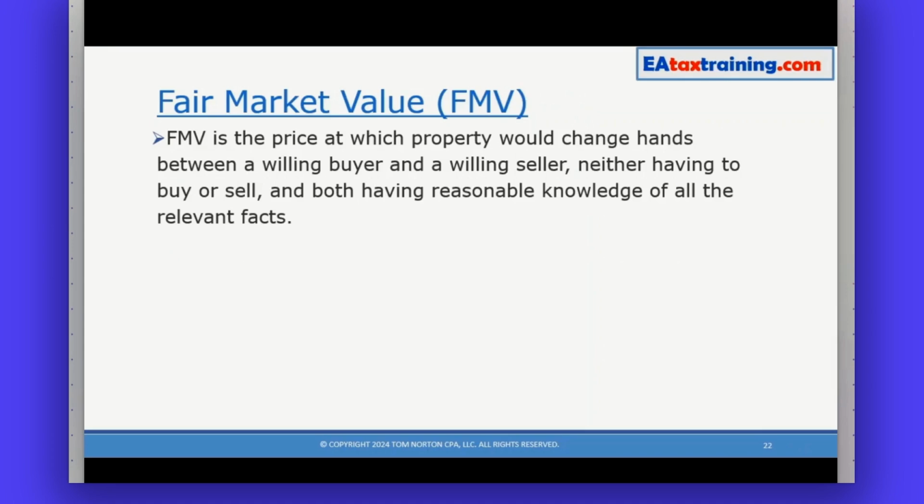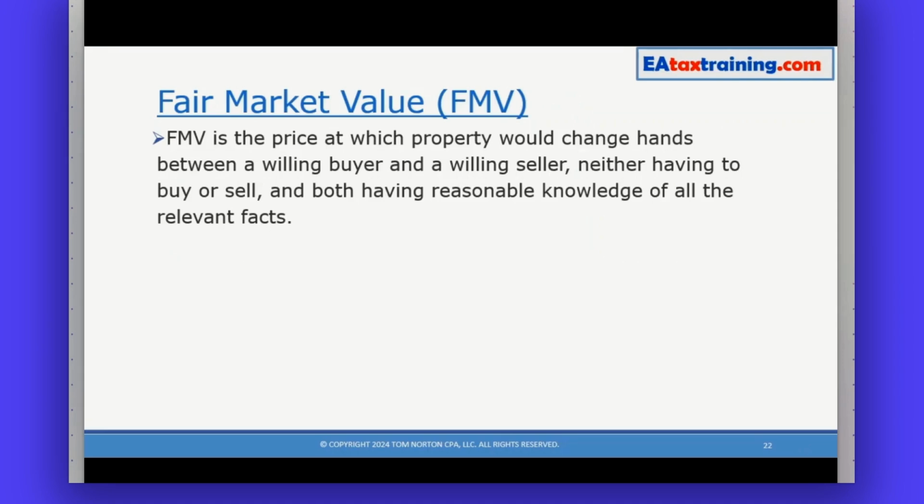So they know about this asset. They know the good things about the asset. They know the bad things about the asset. It's not like the seller knows that it's a car and there's some huge mechanical problem with the car, but the buyer doesn't know that, and so the seller is going to pull a fast one and sell the car for more than it's actually worth.